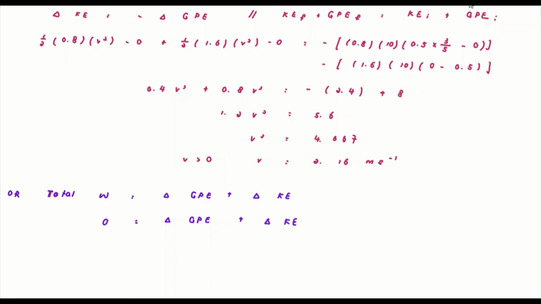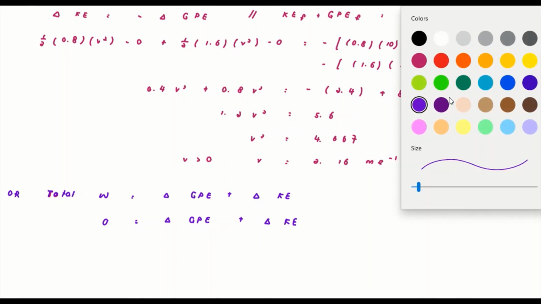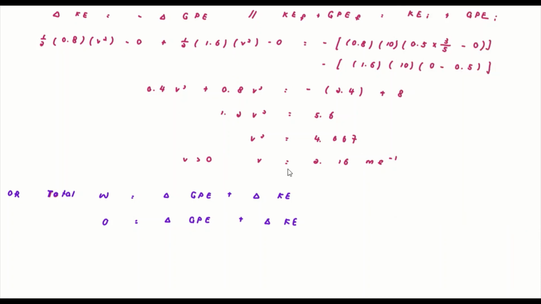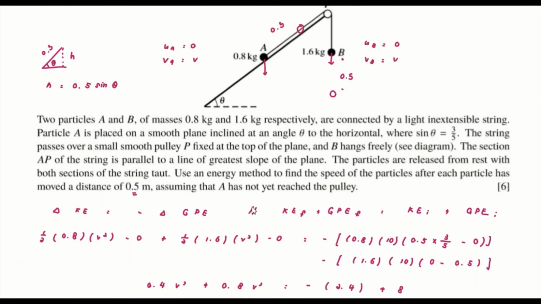The other case is if you use the first form of the work energy principle, where you don't take out the weight. How is that going to look? The total work done equals the change in KE. The total work done is the weight that you have here, so it's going to be this.